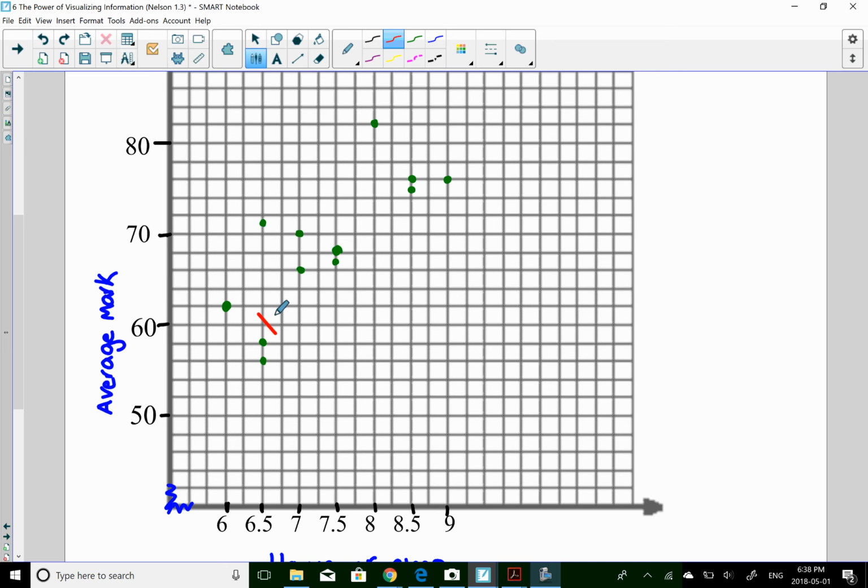So I'm just going to need 6.5 and 60 and 7.25 and 69. That's in between here. And then 8.5 and 76. So 2, 4, 6.